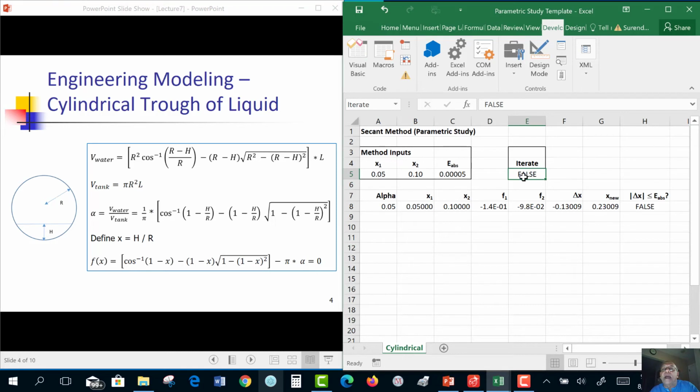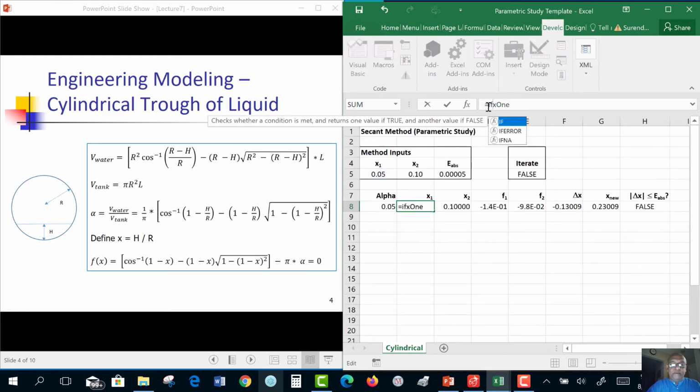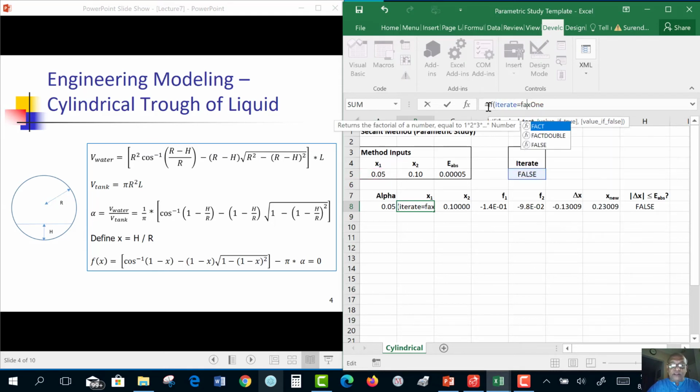So I'm going to set up a flag and I'm going to give this flag a name, iterate. And initially this flag's value would be false. So when we are beginning to iterate, its value is false. The way we are going to program it, we are going to say if iterate is equal to false, then use x1 as an initial guess.